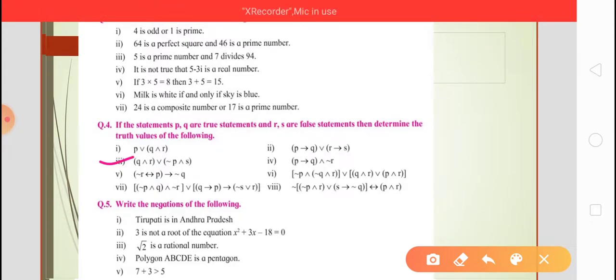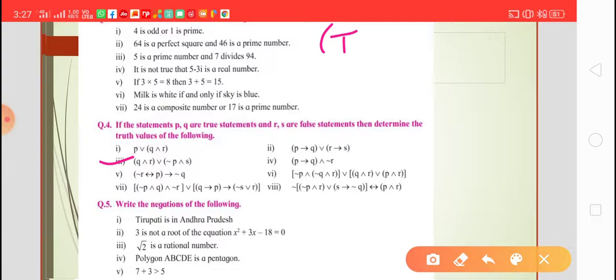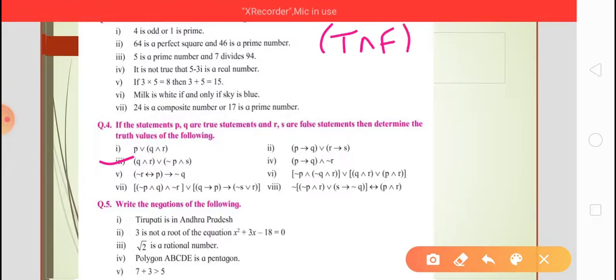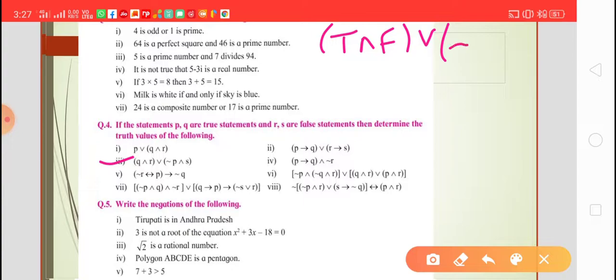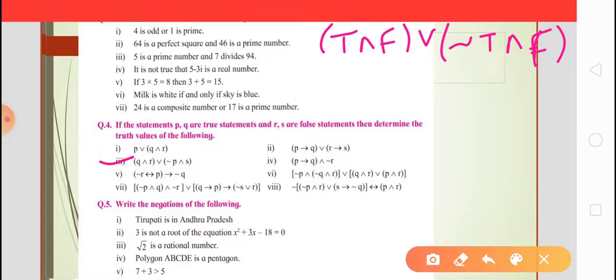Just replace P, Q by T and R, S by F. So the fourth example is: Q conjunction R, disjunction, negation of P, conjunction S. So let us replace Q by T and R by F. Negation as it is, and P means T, and conjunction, and S by F. Now solve the bracket firstly.